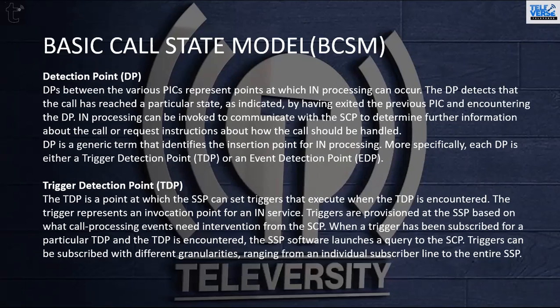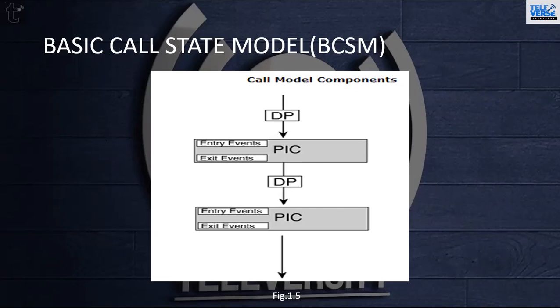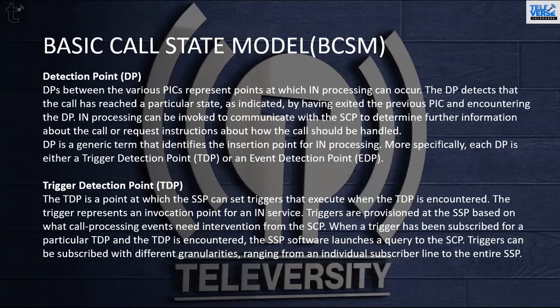The DPs sitting in between the various PICs represent points at which IN processing can occur. So the DP detects that the call has reached a particular state, as indicated by having exited the previous PIC and encountering the DP.